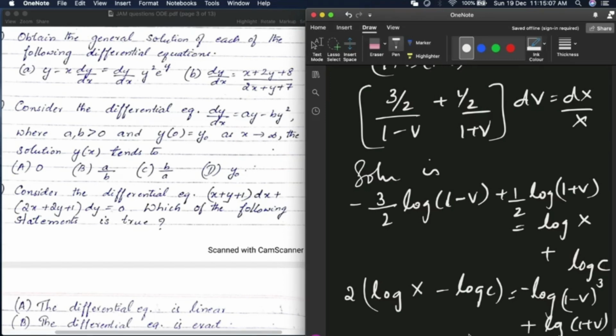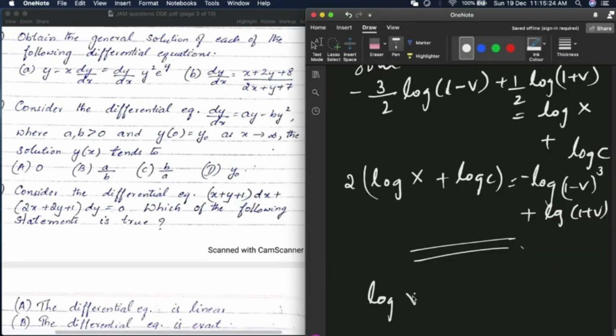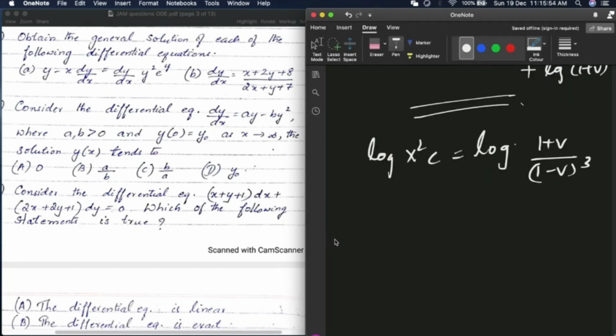You can simplify this. So after solving, you have to resubstitute, okay?